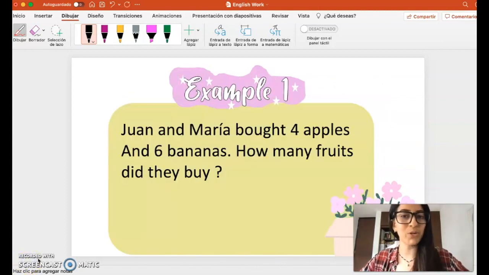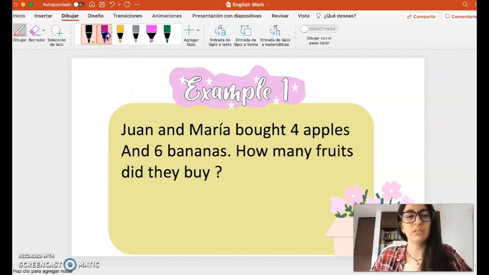In this part, we are going to see some examples using this vocabulary. And the first one is, Juan and Maria bought 4 apples and 6 bananas. How many fruits did they buy? So, in this situation, we have 4 apples and we have 6 bananas.